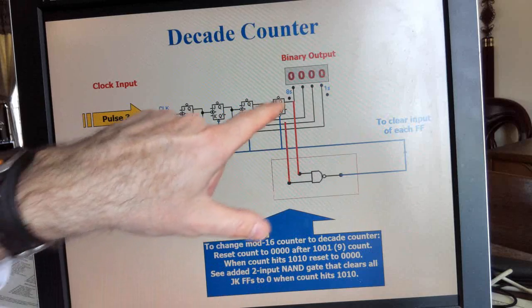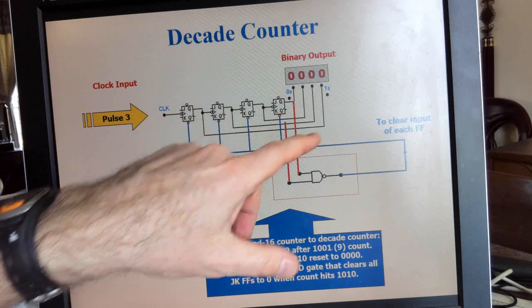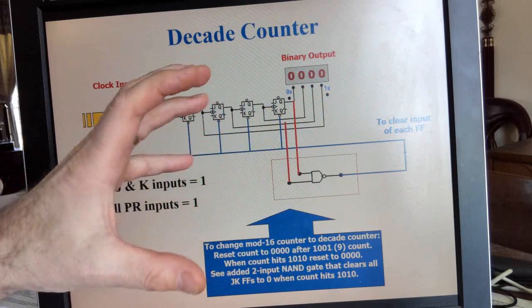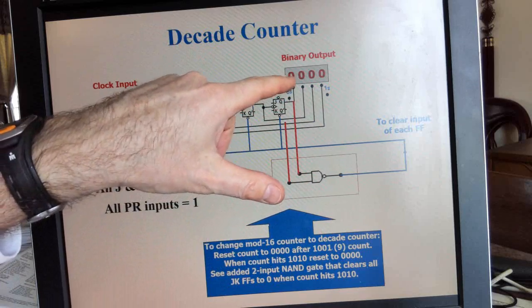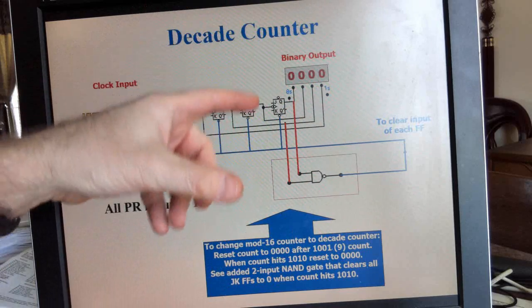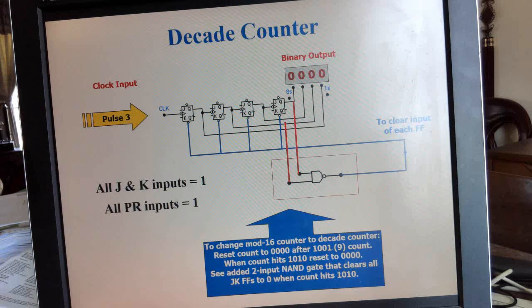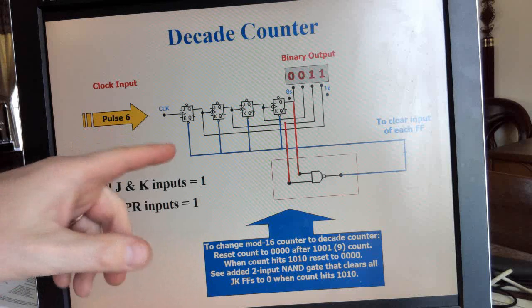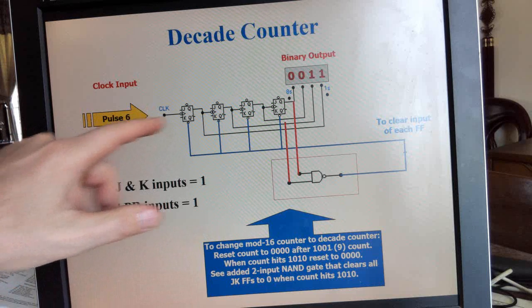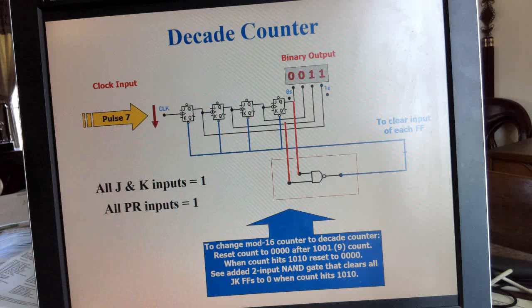It happens so quick that you don't actually recognize it, but basically you actually counted to 10 initially, and then this thing reset everything and went back to 0. So if we continue to count, we're just going to continue to start at 1 and work our way up again. Okay, 1, binary 2. Our 6th clock pulse, we're at 3 here. We continue to count up.